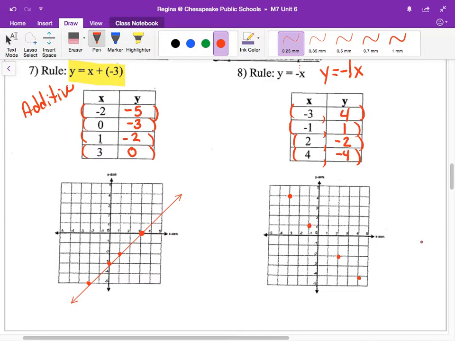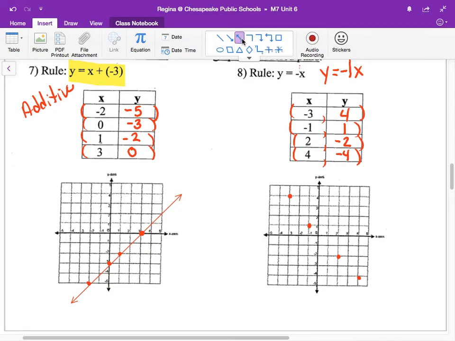I put my points on and they appear to be in a straight line. Let me just double check and draw my line. When you put a ruler next to those dots and you get that straight line, you can really tell.